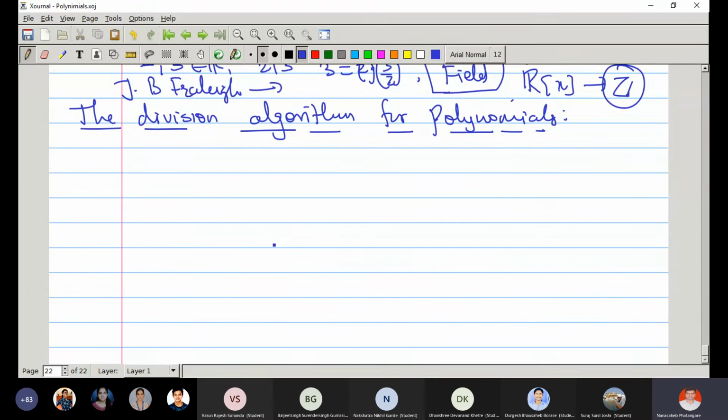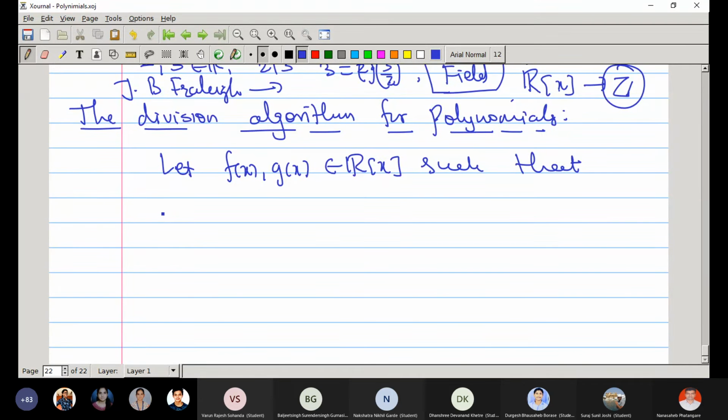Okay, fine. So, division algorithm for polynomials. Let f(x), g(x) be polynomials in R[x] such that g(x) is non-zero.